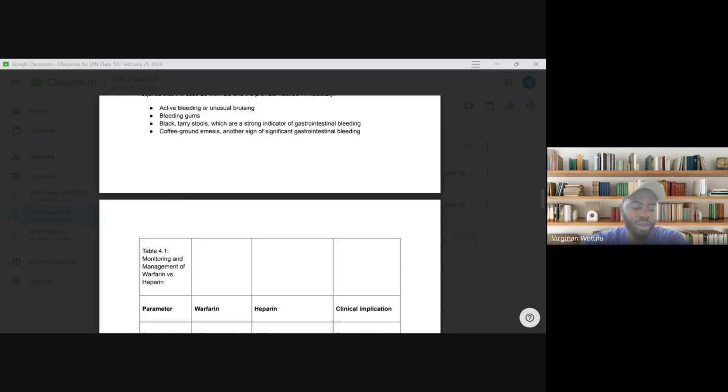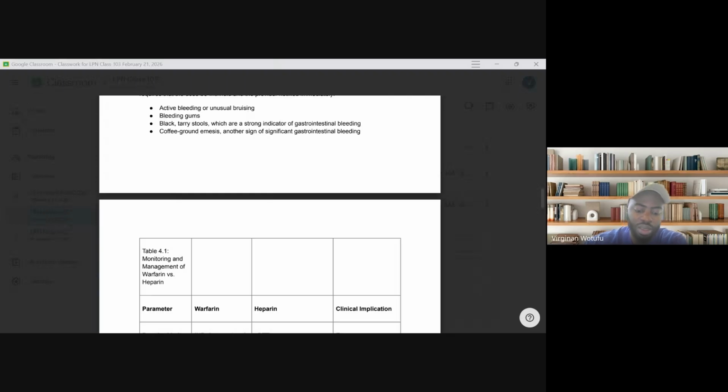So warfarin, like Mahmoud said earlier, is used long term and it's taken orally. With this, you have to monitor the INR, the international normalized ratio, right?